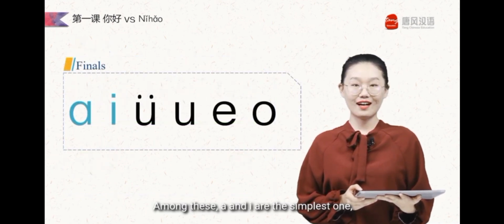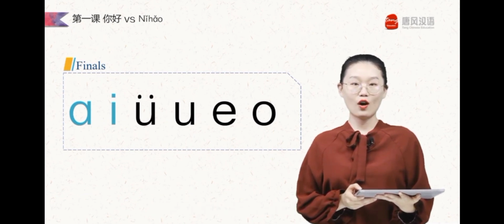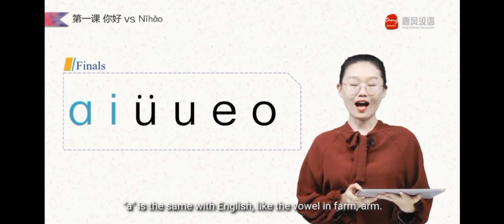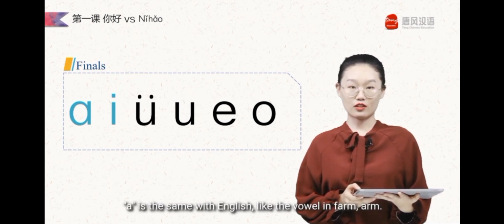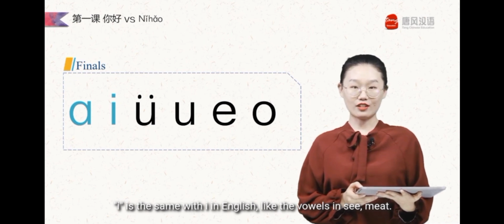Among these, A and I are the simplest ones, which can be found in many languages. A is the same with English, like the vowel in farm, arm. I is the same with E in English, like the vowels in sea, meat.